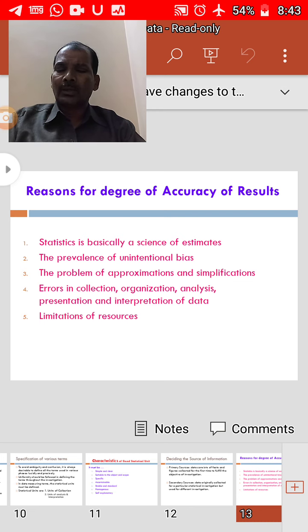The degree of accuracy desired for a particular inquiry will depend mainly on the object and scope of investigation. The time and cost. To achieve the highest degree of accuracy, it is undesirable to incur high costs, but at the same time, accuracy should not be sacrificed to minimize the costs.